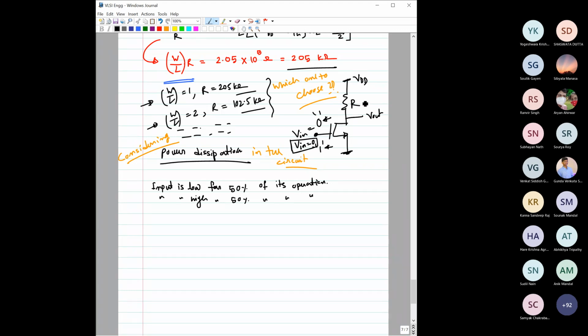Then what would be the power dissipation in the circuit? 0. So when input is 0, MOSFET is off, power dissipation is 0. Now when the input is 1, what would be the power dissipation?